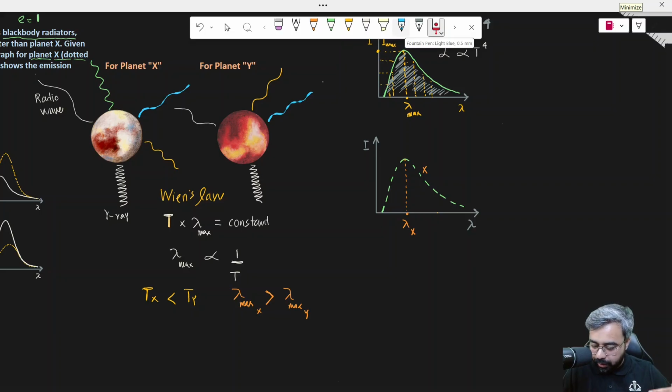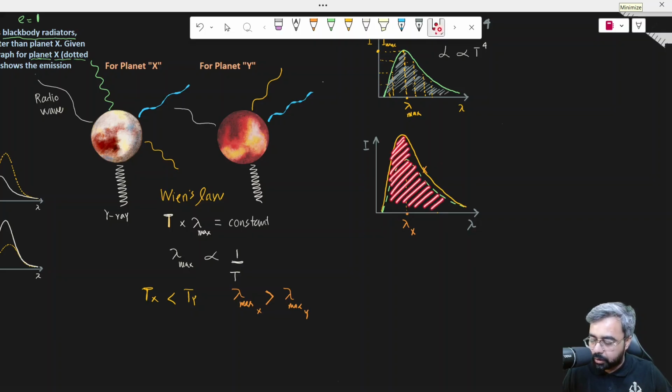So where does this lead to? Don't you think it leads to exactly something like this curve? Because if you see, the area under this curve is first of all more than the area under the curve for X, which means more energy is released.